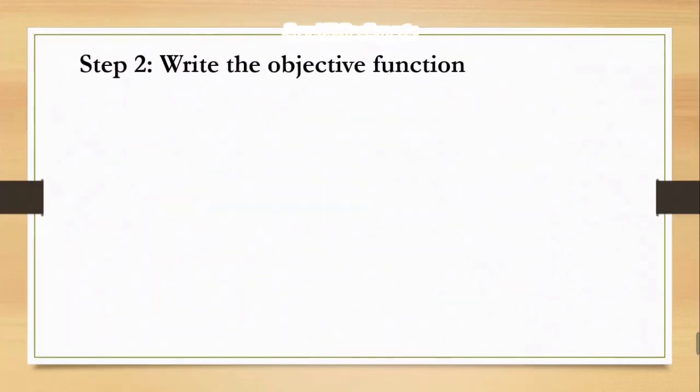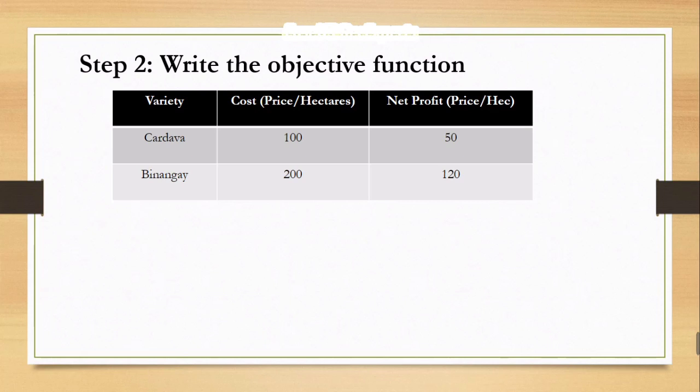Step 2. Write the objective function. Since the production from the entire land can be sold in the market, Jovian would want to maximize the profit for his total produce. We are given net profit for both cardava and binangay.